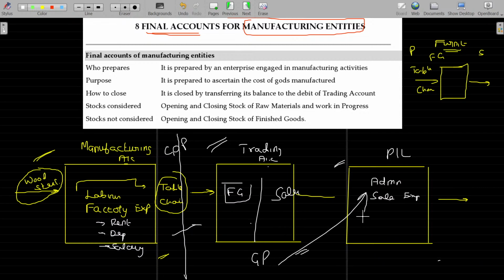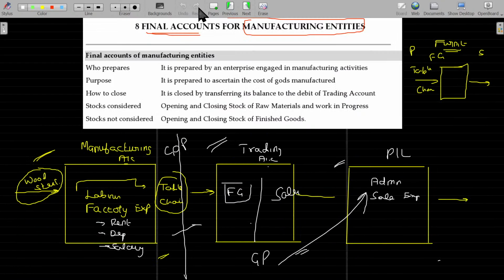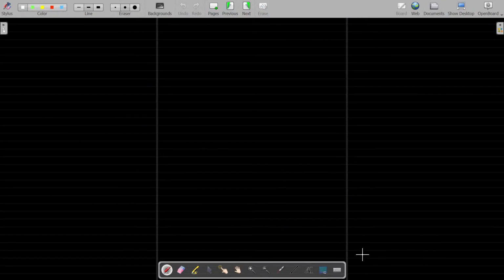That GP is transferred to the P&L account. So let's see the format here. Now, how should the manufacturing, trading and P&L accounts as well as the balance sheet look?